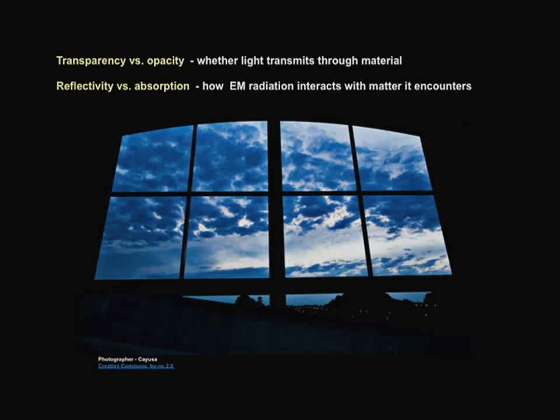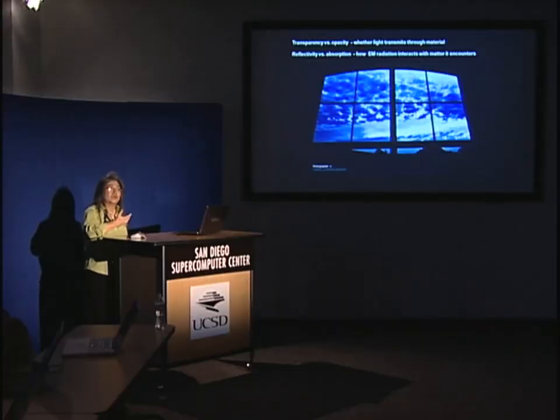So there are two processes that can happen, or two responses when electromagnetic radiation hits matter. You can reflect it and bounce it back, or you can absorb it. And I wanted to describe what absorption is because it's probably the less familiar of the responses.